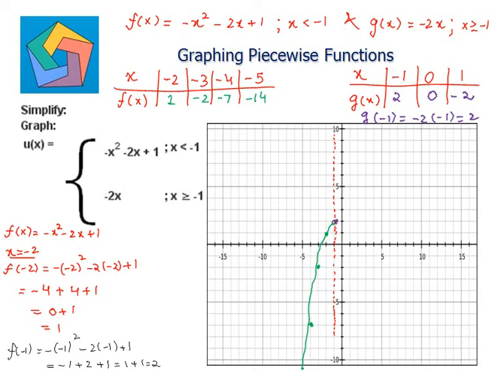So let me fill this circle here. 0, 0 and 1, negative 2. Let me draw a straight line joining these points. So this will be the graph of g of x and this is for f of x. Remember, this is a hole for f of x.